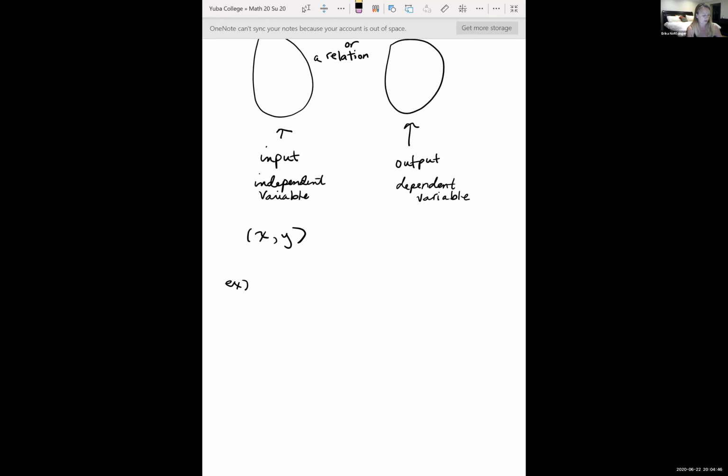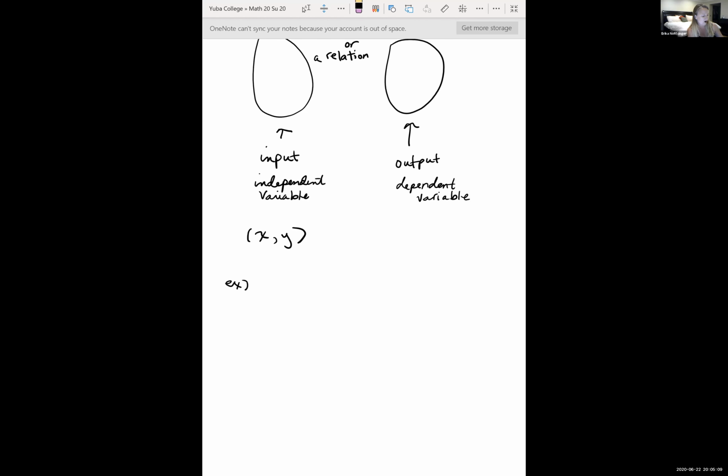Okay, so in the following problems a relation is expressed verbally, and once we read this verbal description, we want to determine what the domain and the range of the relation is. So it says the density of gas under constant pressure depends on temperature.